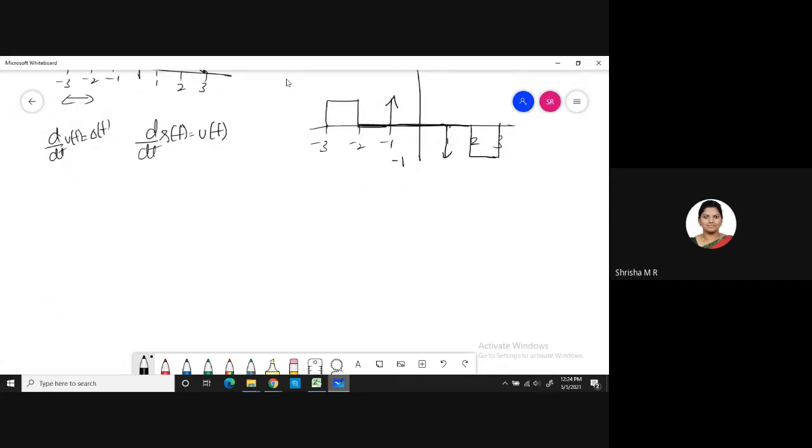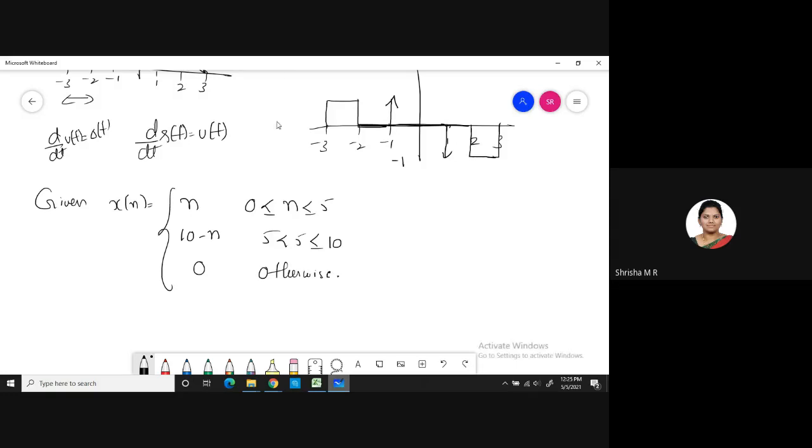It's an energy signal problem. Okay, so given x of n is equal to n between 0 to 5, and it is 10 minus n between 5 to 10. It is 0 otherwise.